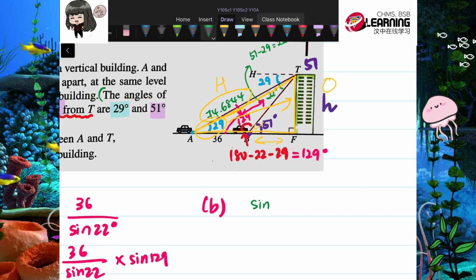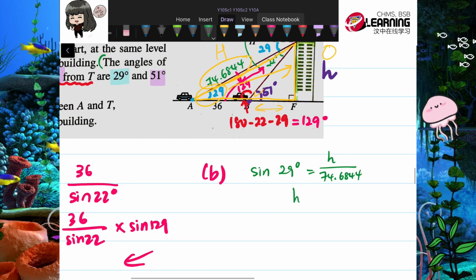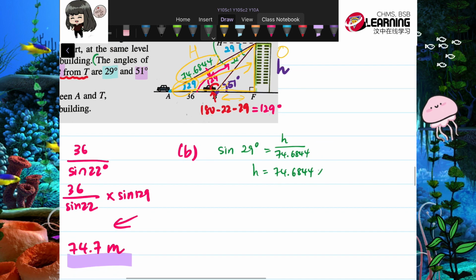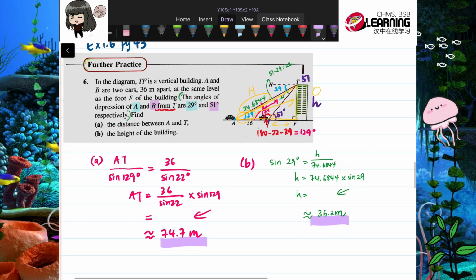So use sine 29, because it's a 90 degree angle. H is the height of the building, so H over 74.6844 equals sine 29. So H is 74.6844 times sine 29. You find it out by yourself, and then it equals 36.2 meters. Okay, that is for question 6.